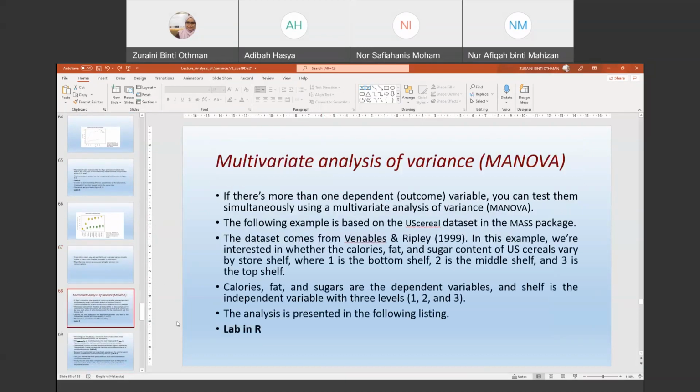Then for the multivariate analysis of variance, okay. If we have more than one dependent outcome, you can test them simultaneously using a multivariate analysis.